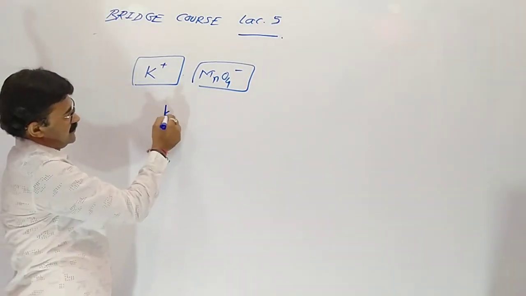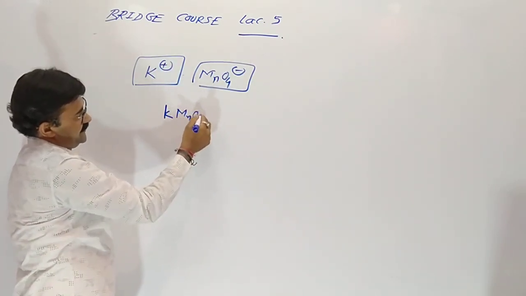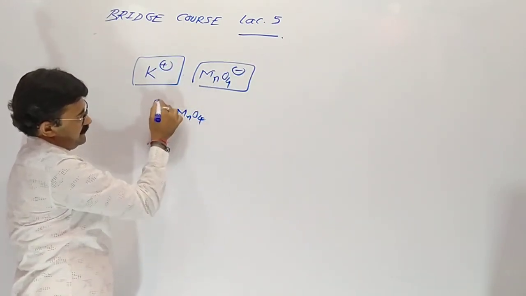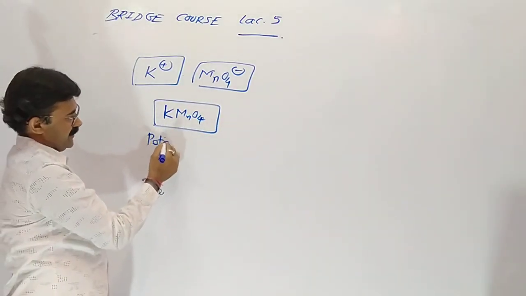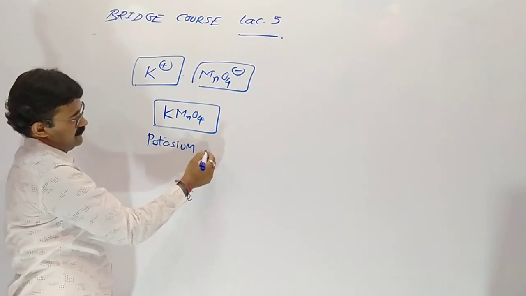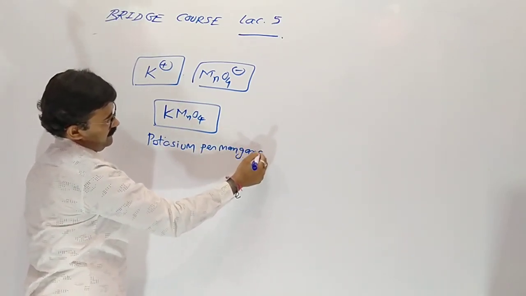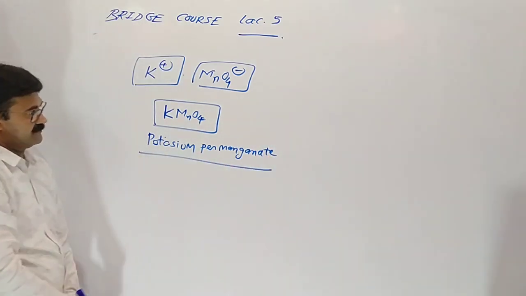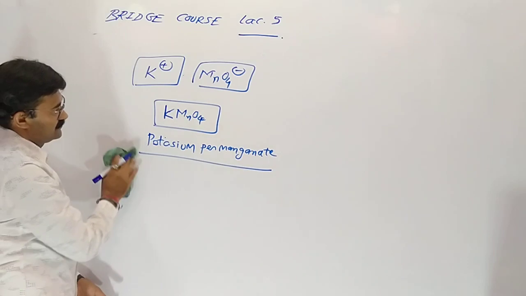Yes. So both plus 1 and minus 1 cancel. So directly it is KMnO4. So potassium permanganate.